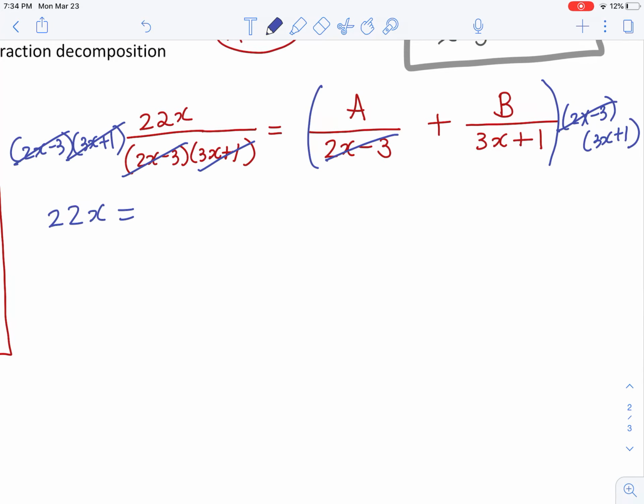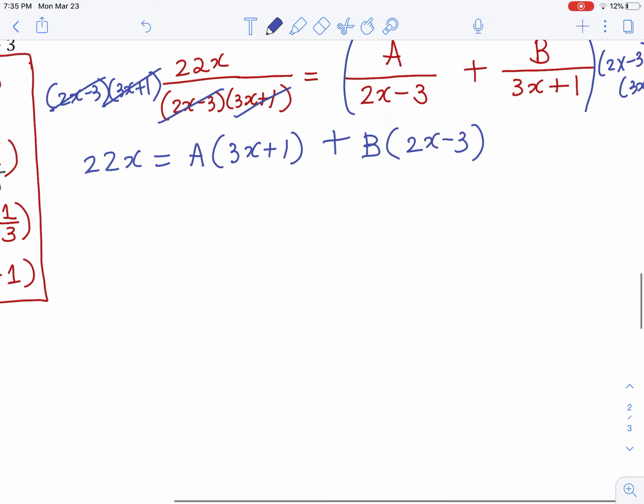But if I cross out the 2x minus 3, A will have 3x plus 1 next to it, plus, if I multiply that same least common multiple to B, the fraction with the B on top, B will stay with the other factor, 2x minus 3. So that's what will happen.